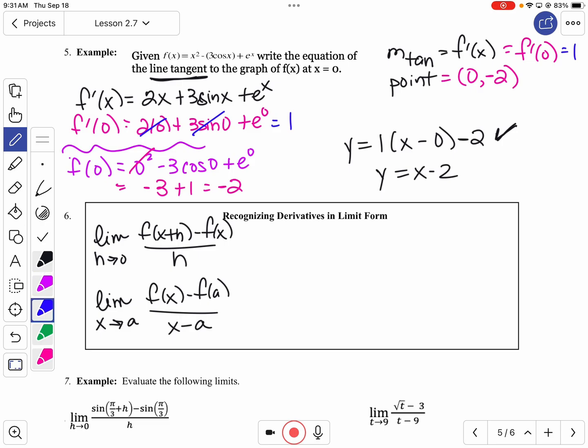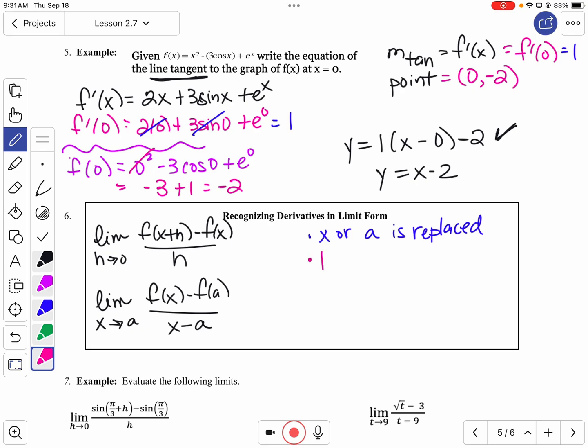When we see derivatives set up like this, it'll have h approaches 0, but it'll have something in there for x in the first one. In the second one, it'll be as x approaches a number, and so there will be something in there for the a's. So x or a is replaced.